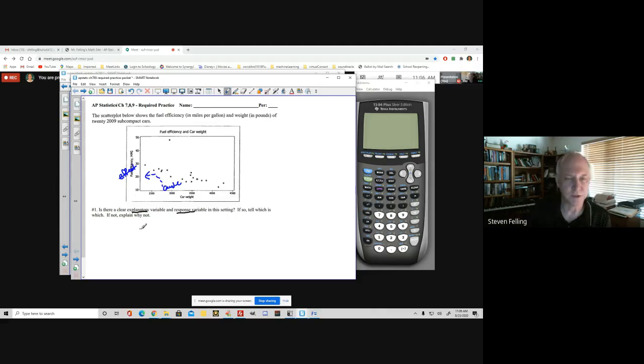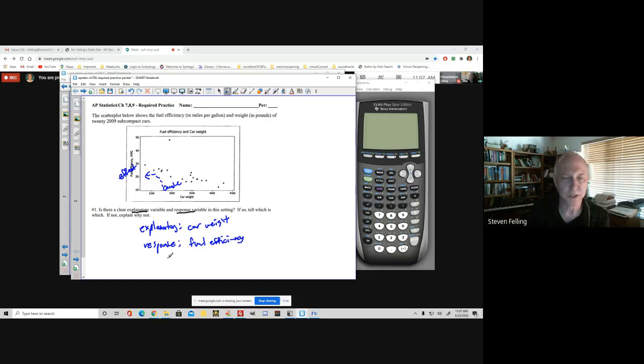So that means that the explanatory variable has to be the car weight here, right? And the response variable has to be the fuel efficiency, okay?